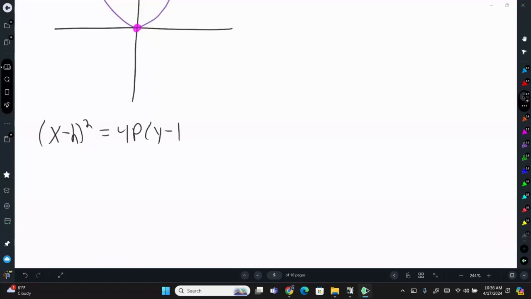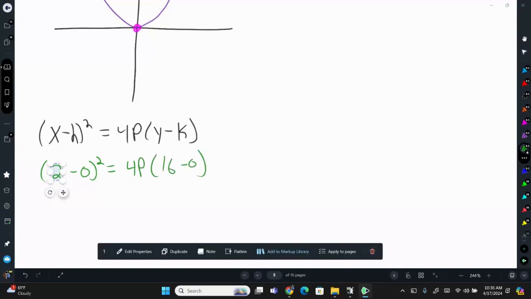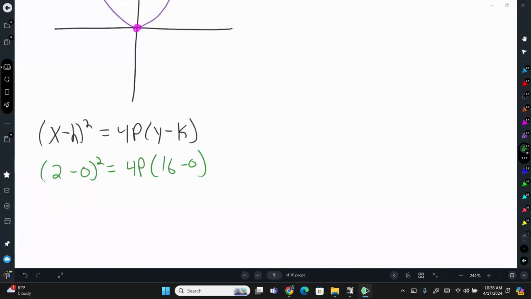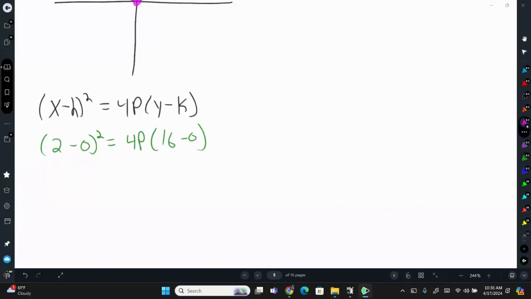Okay. And substitute our values. X was 2 minus H, which is 0, equals 4P times Y was 16 minus 0. So the left side is going to give us 4 equals 4P times 16.